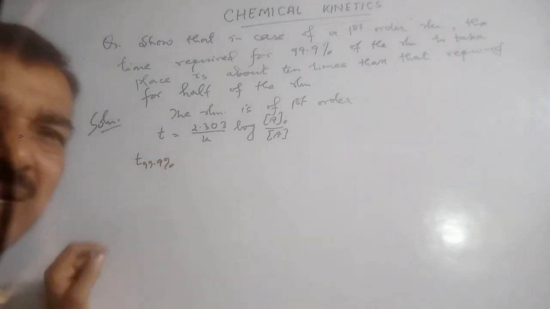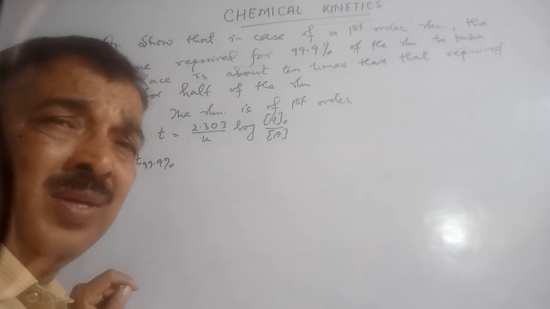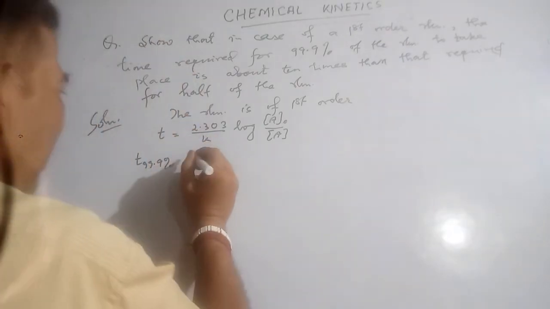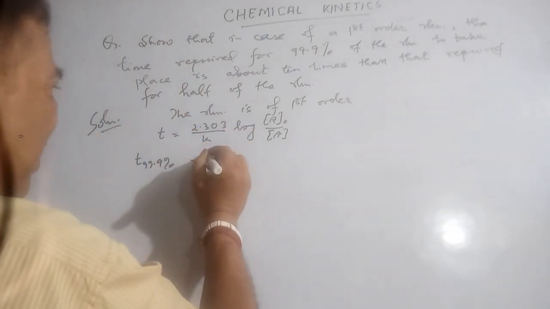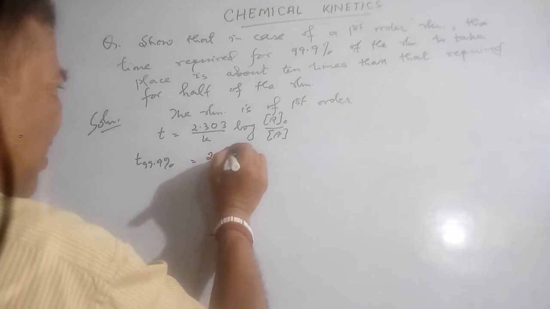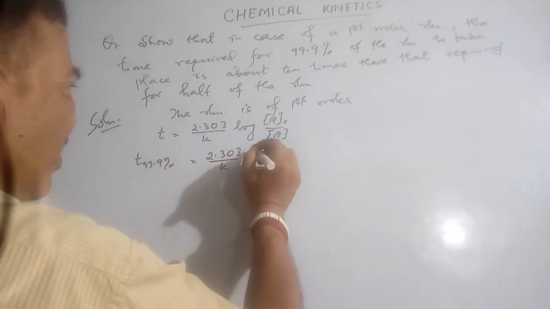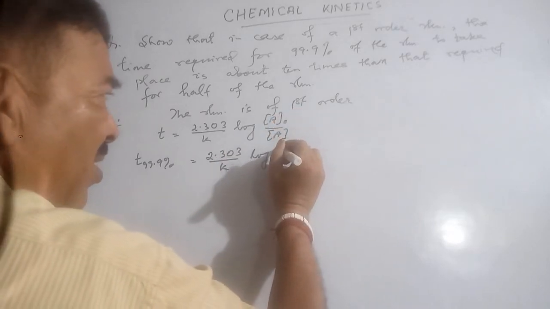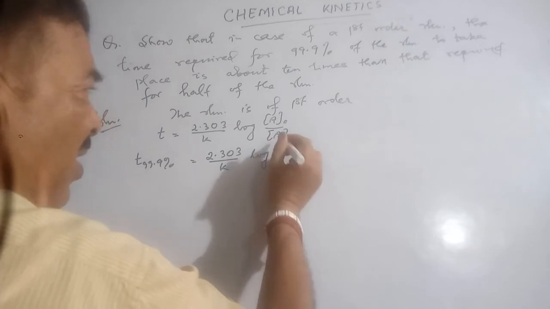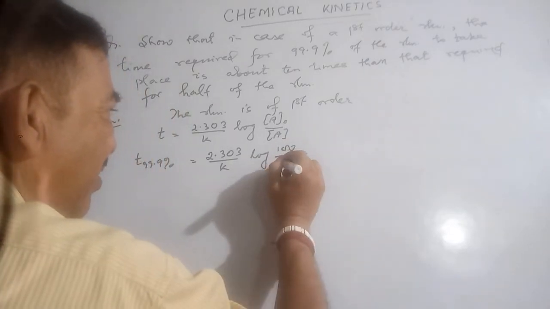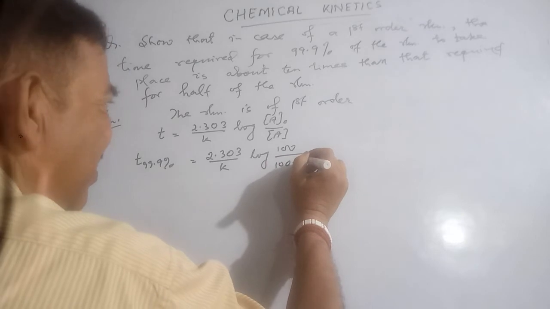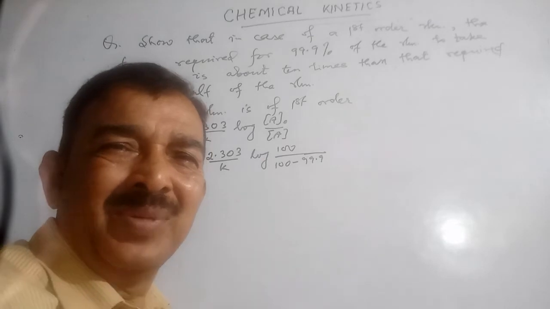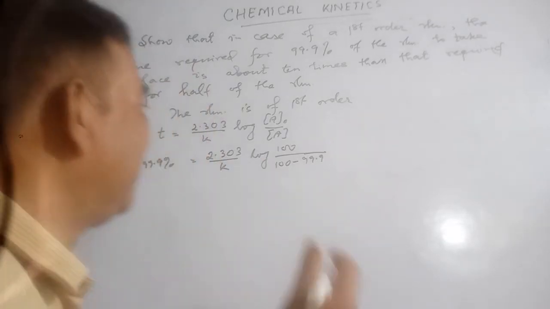Now T for 99.9%. What does it mean? The time required for 99.9% completion of the reaction is equal to, take the help of this, 2.303 by K log A naught by A. If A naught is 100, then what will be A? 100 minus 99.9, because 99.9% have been consumed.